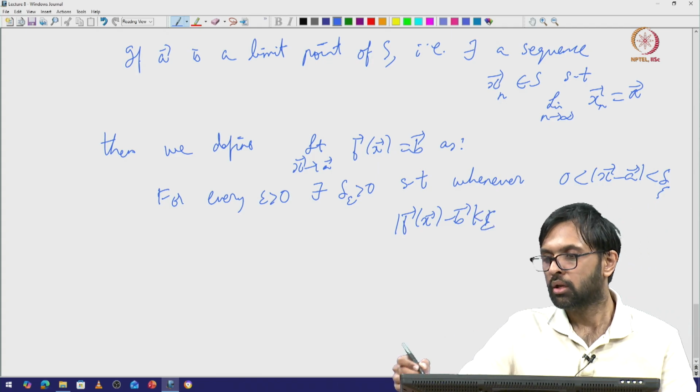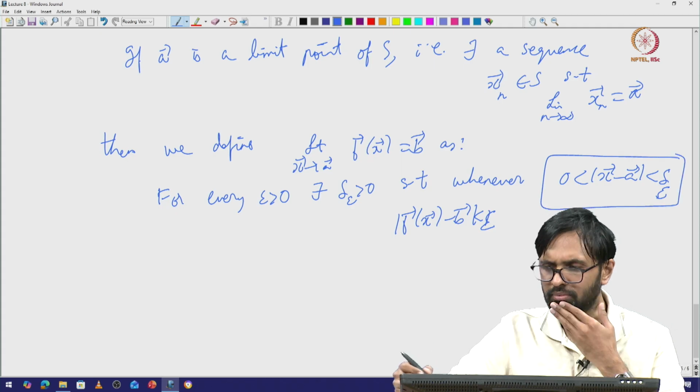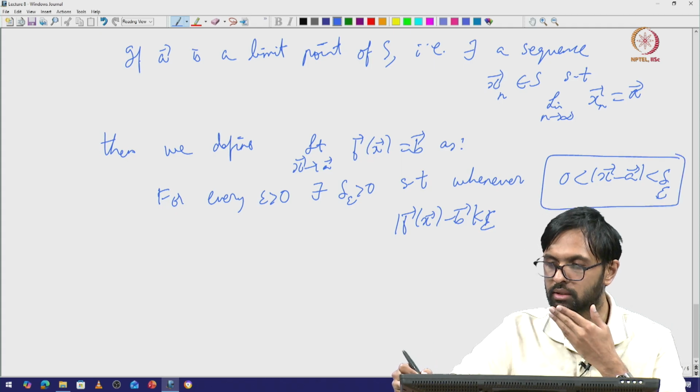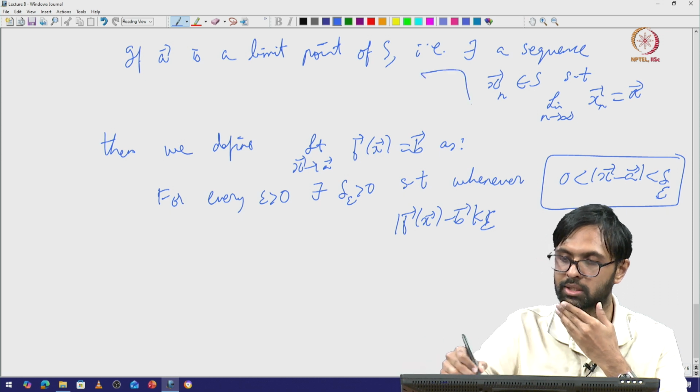So for this to make sense, there must be points which are at least some distance away from A in the set, that is, this must happen.